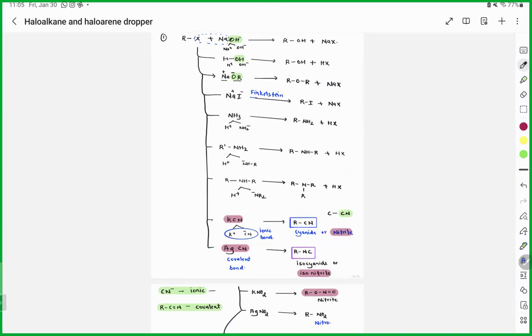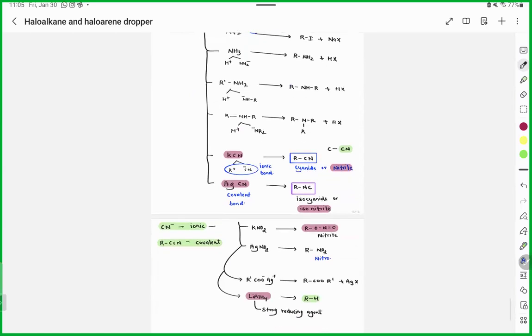Got it, guys? Anybody have doubt in this nucleophilic substitution reaction? No, sir. So small part is left, only two things. One, reaction with metal, Grignard reagent, and dehydrohalogenation reaction. Other than that, in haloarenes, there are few reasons why haloarenes do not react easily.